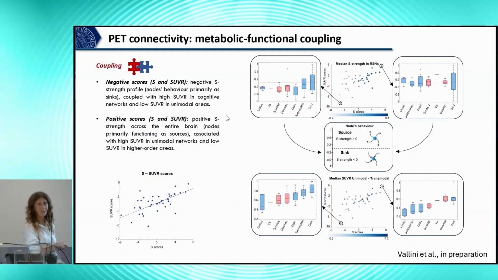Whose parcels are acting as a sink, and this subject also has a low metabolic activity, while subjects having the majority of parcels, more than half, organized as a source, also have a higher glucose consumption.